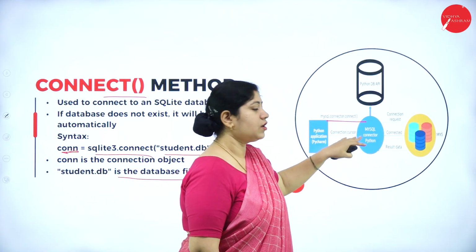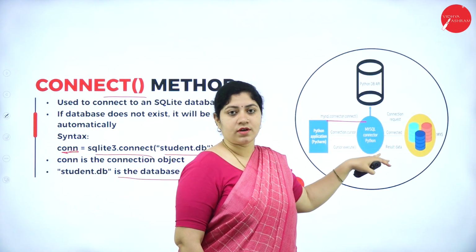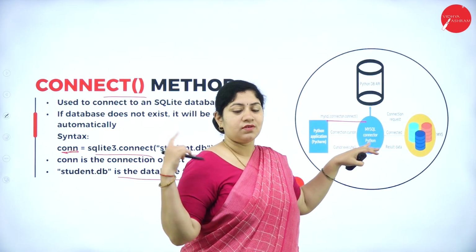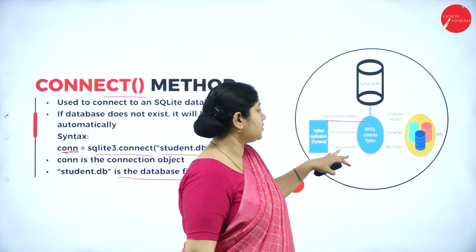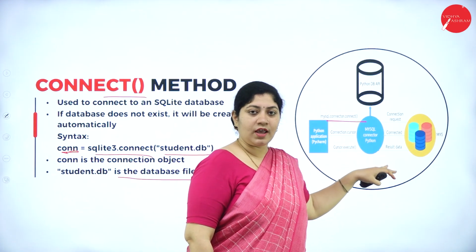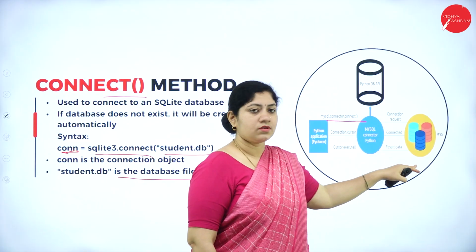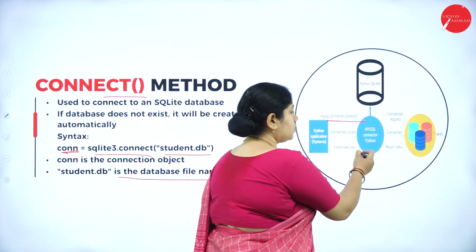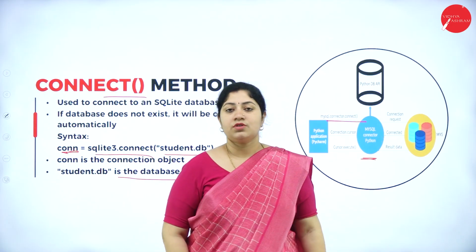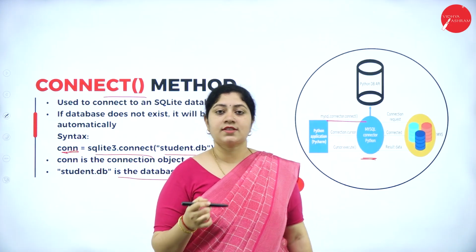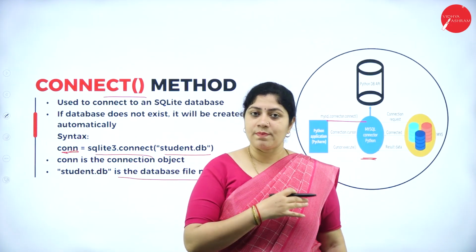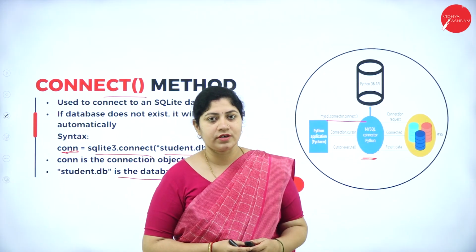Yes, it's connected. So further, a cursor will be created. So what is a cursor? We'll see that next. Next, that cursor will execute and the result data will be sent to the Python connector. So this is a simple, regular flow that's represented here in the figure.